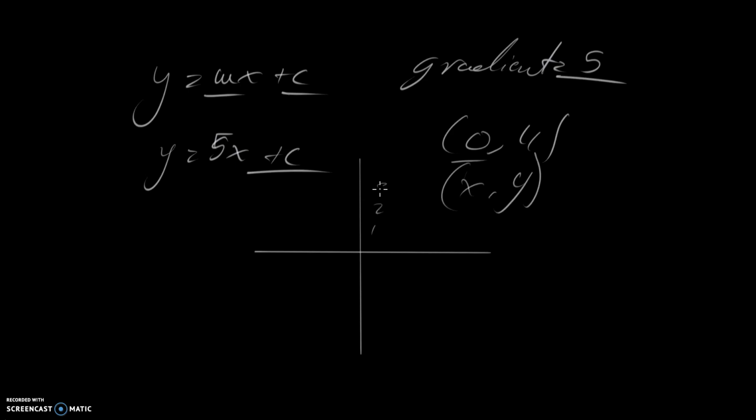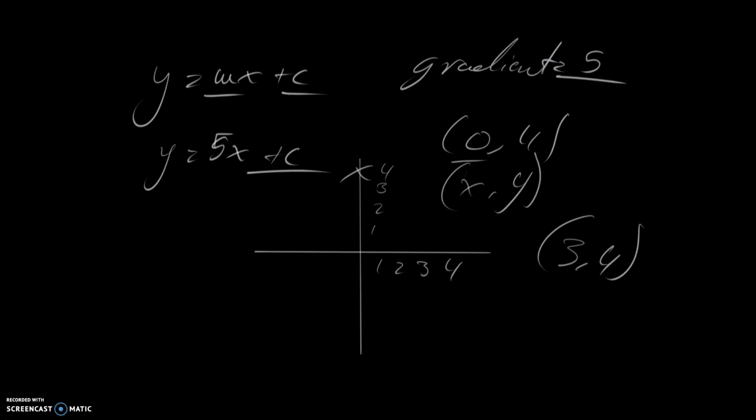So 1, 2, 3, 4. That means it's over here. That's our y-intercept. That means the line would cross here. If it was something like 3, 4, that means it'd be over here, which is not the y-intercept. That's just plotting a simple coordinate.